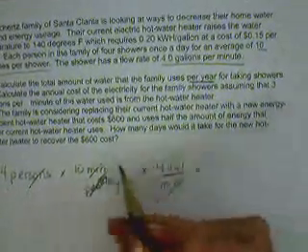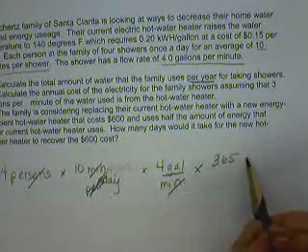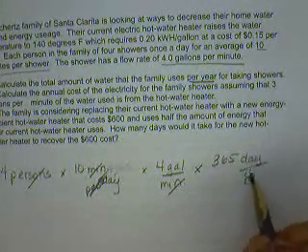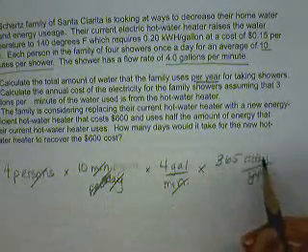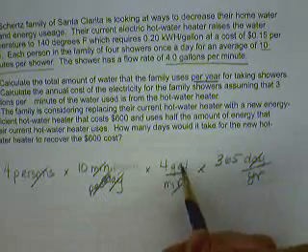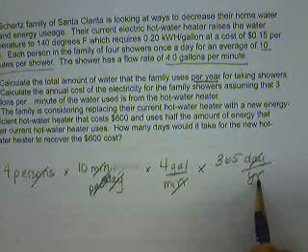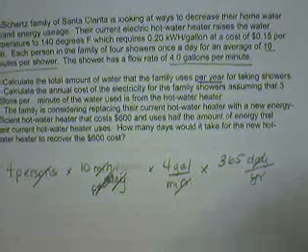So we're going to take 365 days per year. So now my days cancel out, sorry this looks a little sloppy here. And all I have left is gallons per year, which is what we want in our answer.